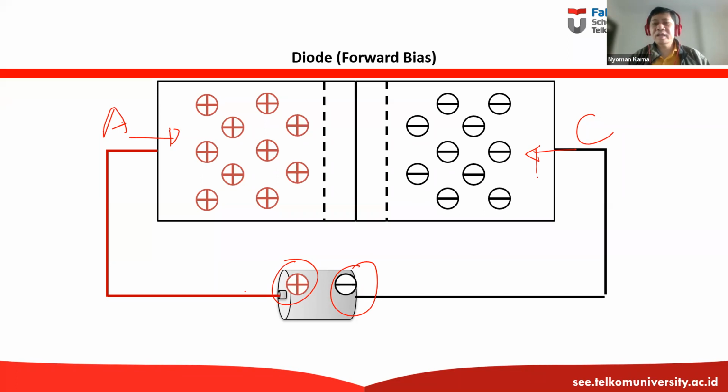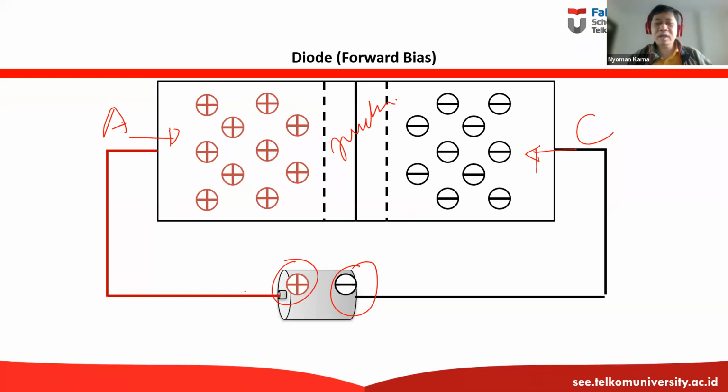So the negative ion will move toward the junction. This is the junction, and the positive also will move toward the junction. So it's just like compressed. However, the battery is not strong enough to push this electron and also the proton to go through the junction.